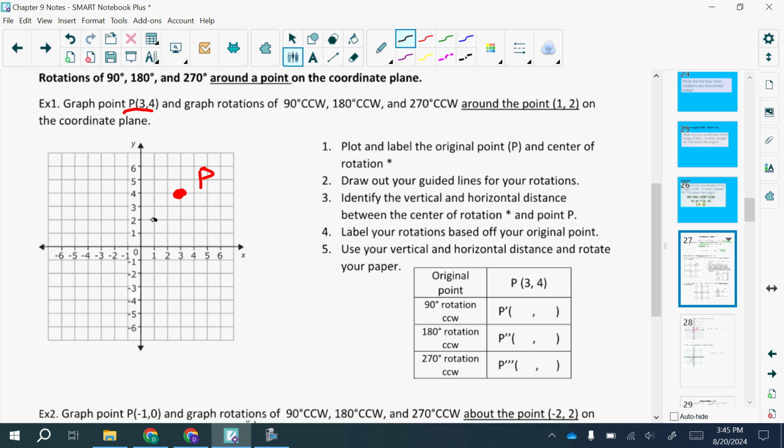This is the point we are to rotate around. Let's take a pause right here. Point P is the point we want to rotate, and the point we're rotating around is the black one at (1, 2).